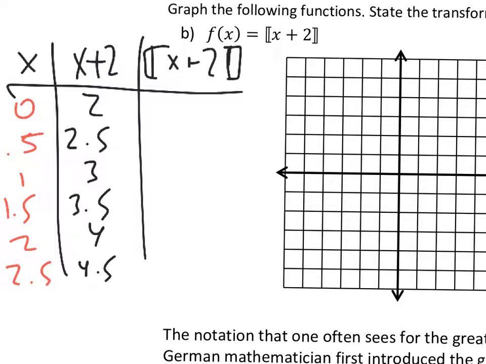And then I want to take the greatest integer that's not greater than x for my output there. So I get 2.